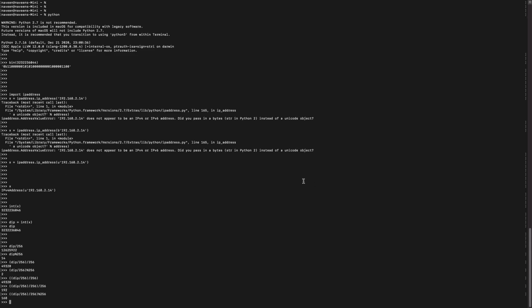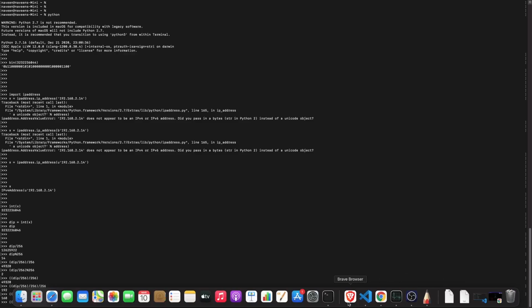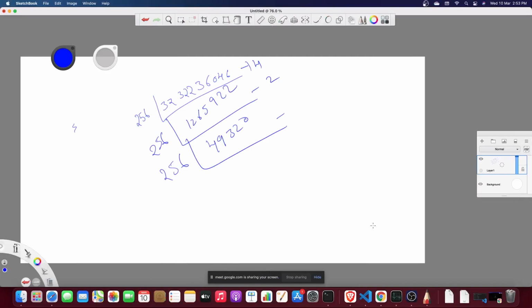As you can see here, the resulting value is 192, and 168 is a remainder. So as you write, what you will get is 192 dot 168 dot 2 dot 14. Okay, so this is the dotted decimal representation of this very big decimal number.